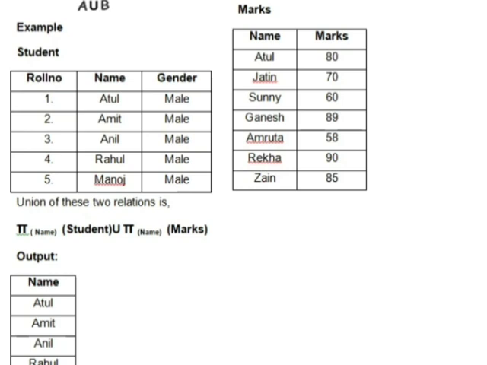If I want to find student minus marks, it will give us all the attributes from the student table which do not belong to the marks table. Out of Atul, Amit, Anil, Rahul and Manoj, only Atul is common in both relations, so we just need to remove it. The rest is the output of student minus marks.